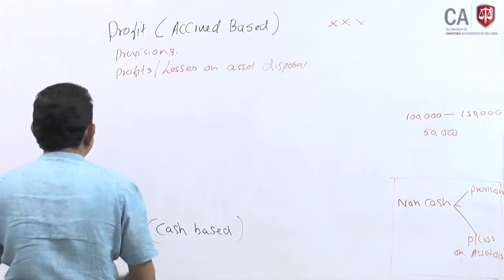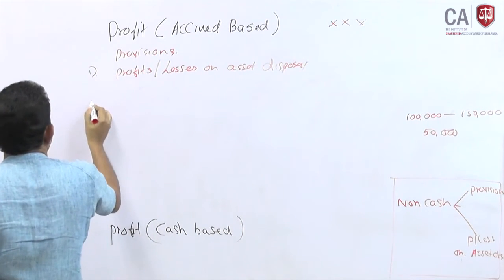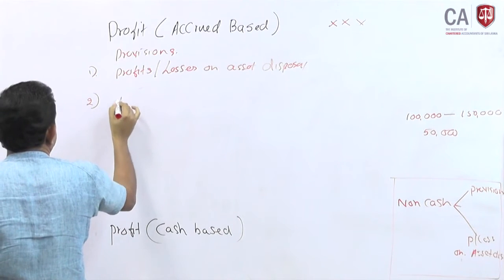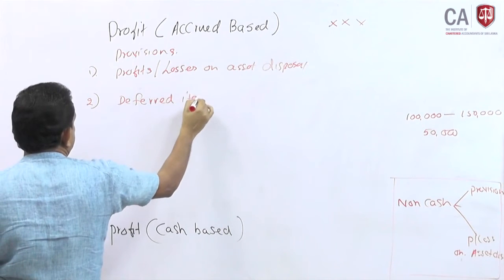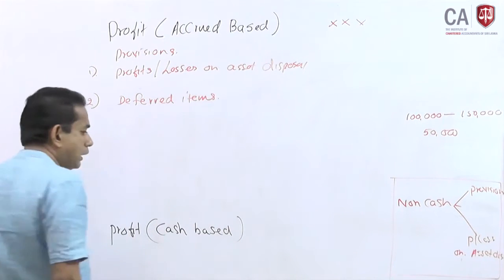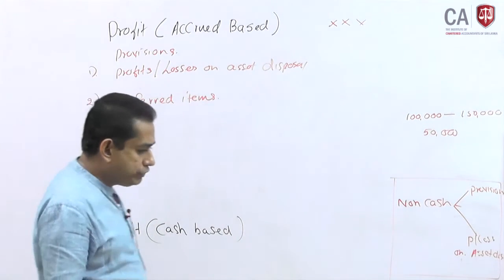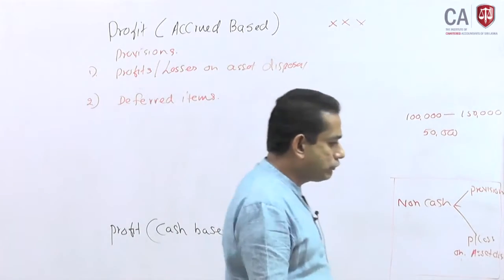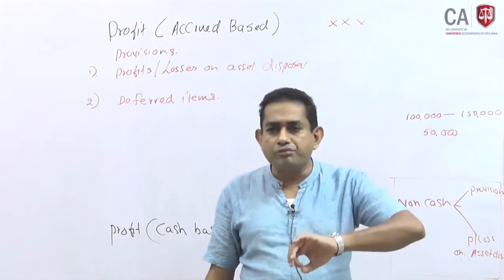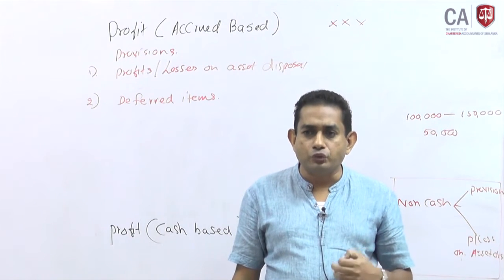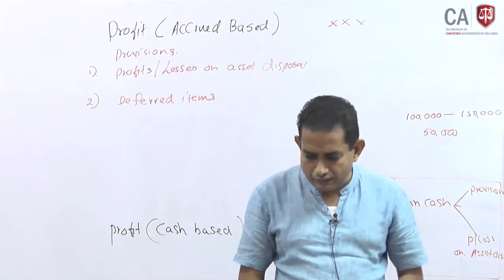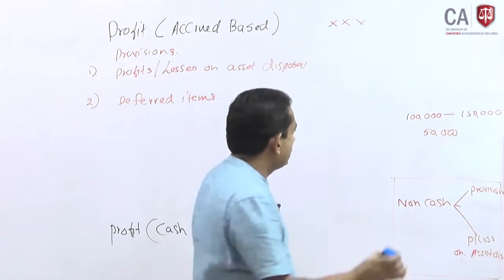Second, there can be deferred items, and we have heard of deferred revenue, we have heard of deferred taxes. Once again, those deferred items have got very little to do with the cash transactions. Let me explain how it happens.